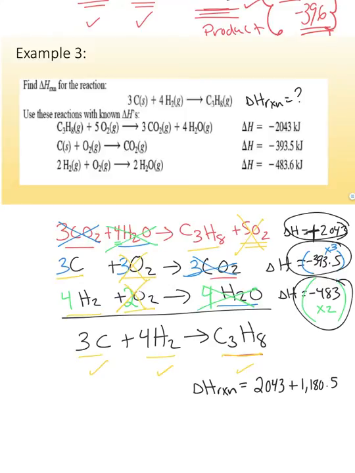Oh, that's not plus. That should be minus. Minus 1,180.5. And then minus 483 times 2 is minus 966. And you can get the overall delta H for the reaction.